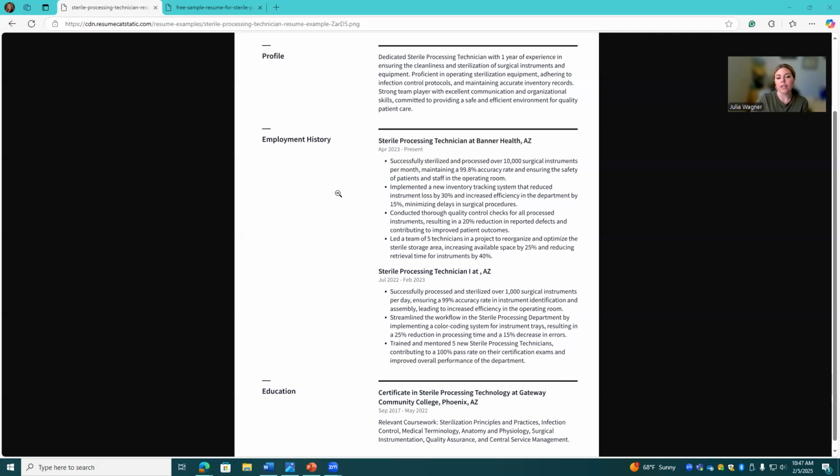That's okay. The next bullet point says implemented. That is a strong action verb. Next one says conducted. The next one says led. So make sure you are using strong action verbs to describe what you did at that job.